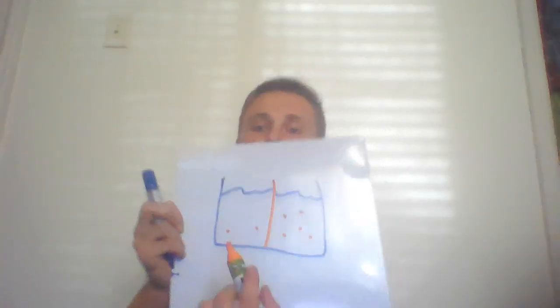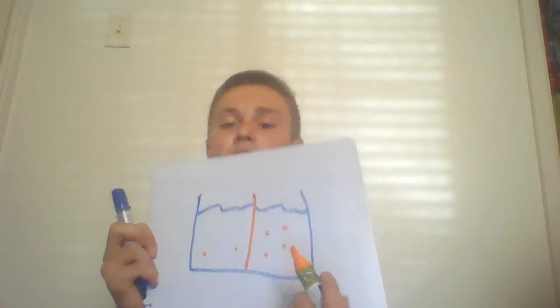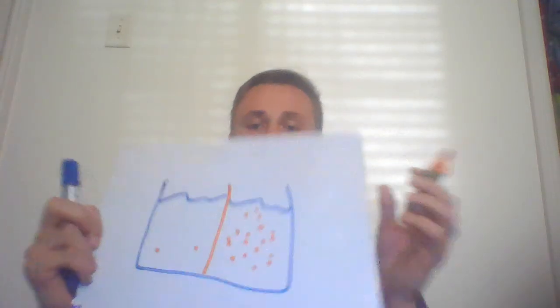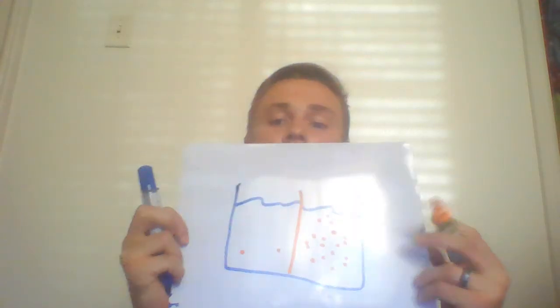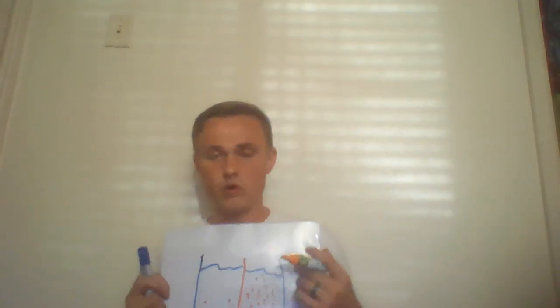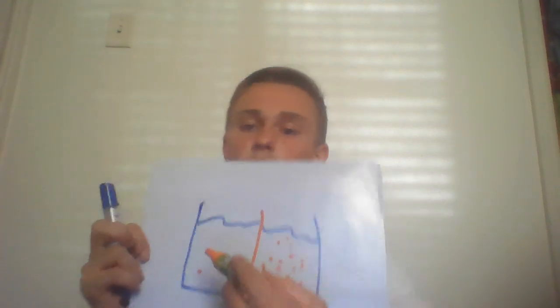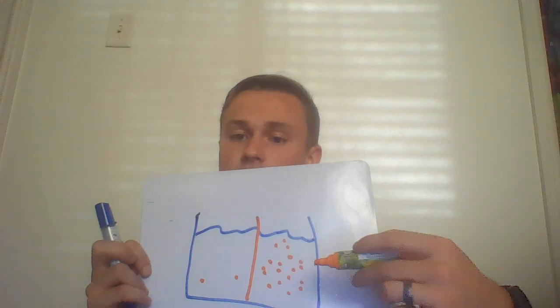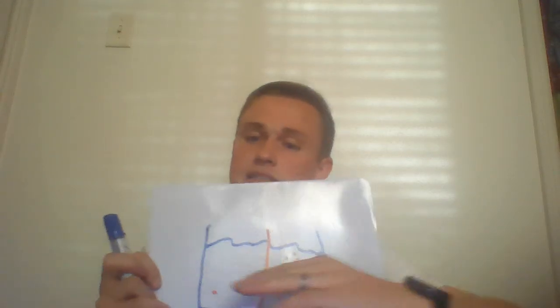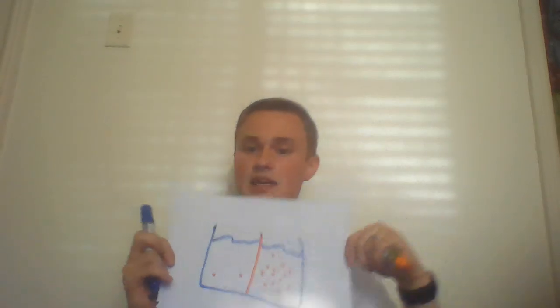But say we have very few chloride ions on one side of the membrane, and a lot of chloride ions on the other side of the membrane. There's a really high concentration on this side and a very low concentration on this side. Then what's going to happen? Well, what will happen is water will move towards the higher concentration to try and dilute it to reach an equilibrium where we have a similar concentration on both sides of the membrane again.